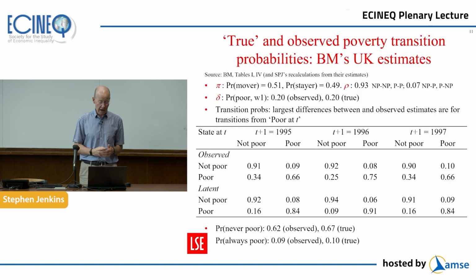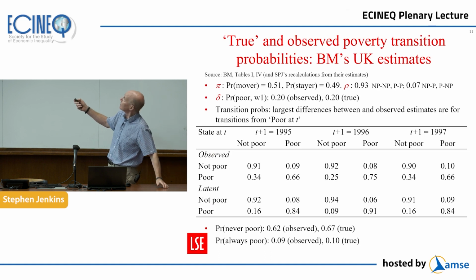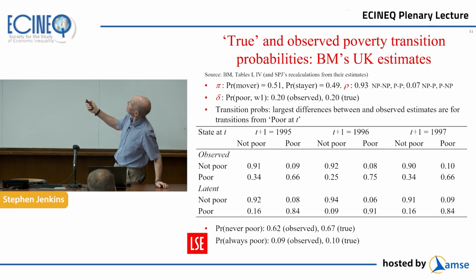Let me give you some examples of this, and let me just focus, given time, on the table here. What we've got here is the state at T, where we can have either the observed estimate or the latent estimate. This is the one fitted from their model, the true estimate.